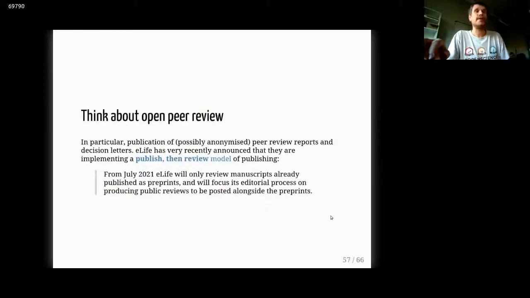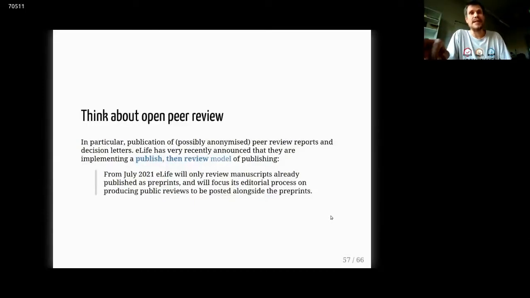Think about open peer review, and that doesn't only mean signing your reviews, which is certainly quite difficult as early career researchers, but think of when you write reviews, that's entirely part of the process of releasing or disseminating our research.